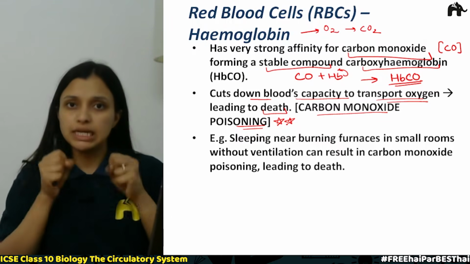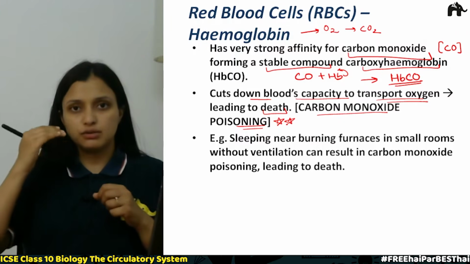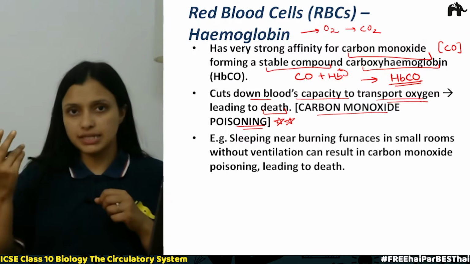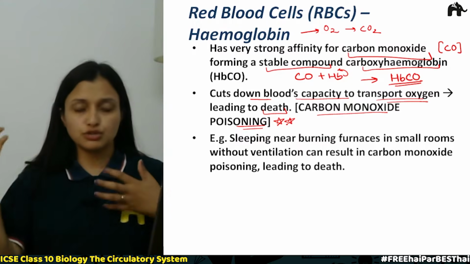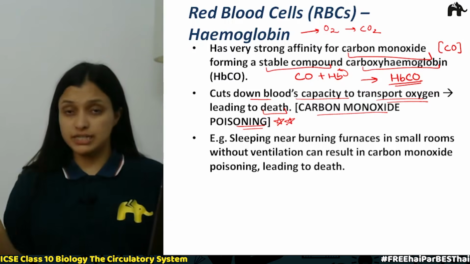So if a person sleeps in that room, the concentration of carbon monoxide is gradually increasing. There is no cross ventilation, there is no air coming inside and going out, right?